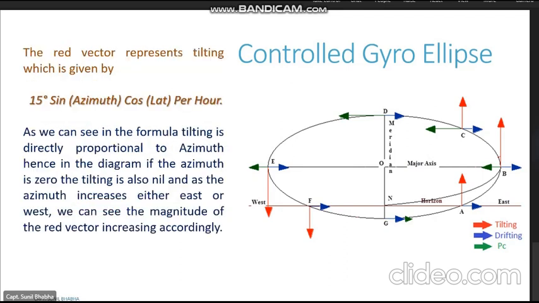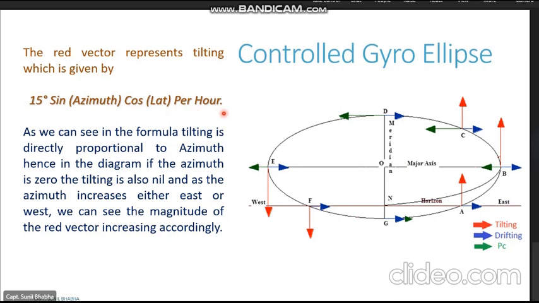So let's move on to the second force in action here. The second force which we are going to discuss now is the tilting motion. Now in this diagram, the red vector represents the tilting. We know that tilting is given by the formula 15 degrees sine of azimuth cos of latitude per hour.